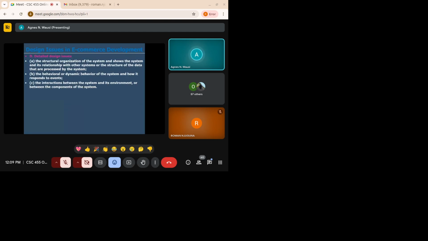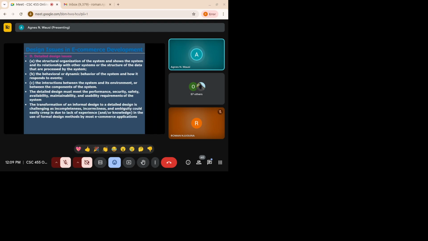And then the other thing is the detailed design. In terms of the detailed design, this is where you are almost describing what it is that you want to see in your detailed design. You have captured how the system will work, the relationship with each module, the overall architecture.